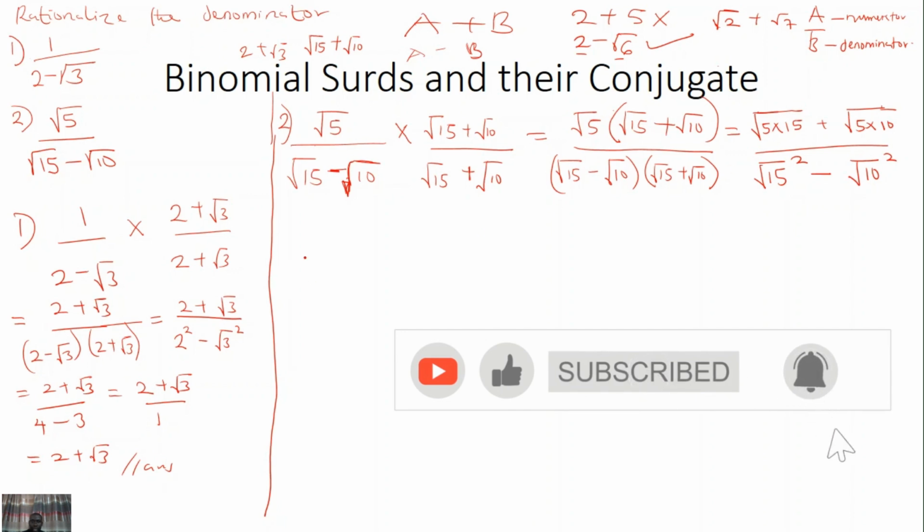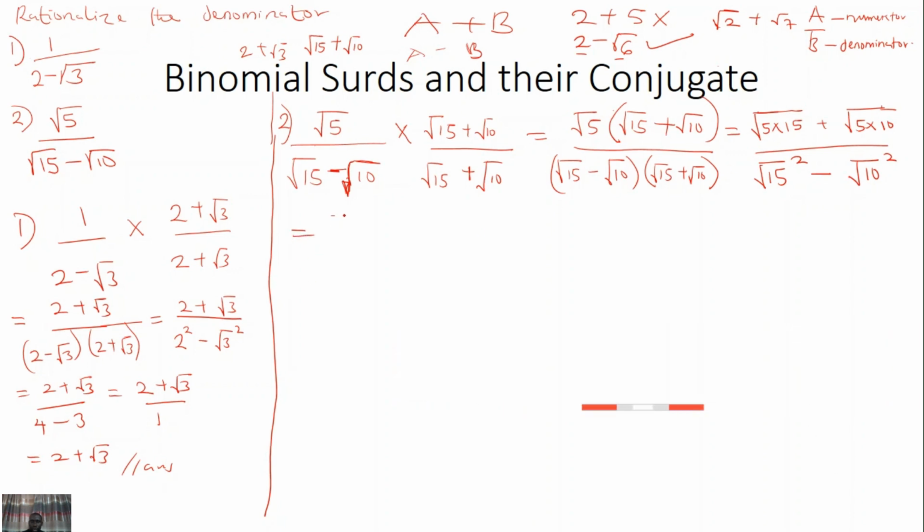Now let's simplify this. This can be expressed as root 5 times 5 times 3. This 5 times 3 is equal to the 15 here, plus root 5 times 5 times 2. This 5 times 2 is the 10 here. Everything all over. Root 15 squared is equal to 15, minus root 10 squared is equal to 10.